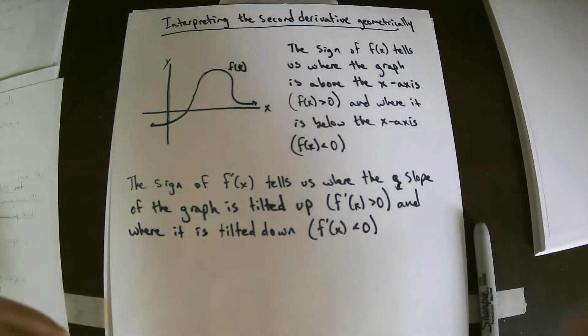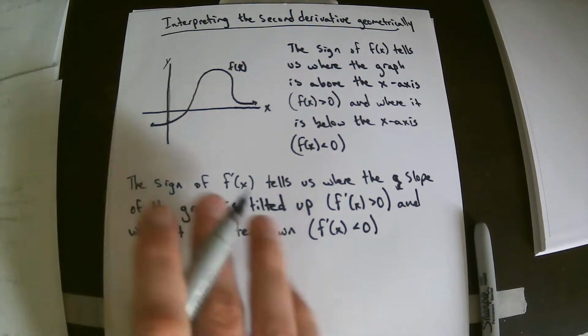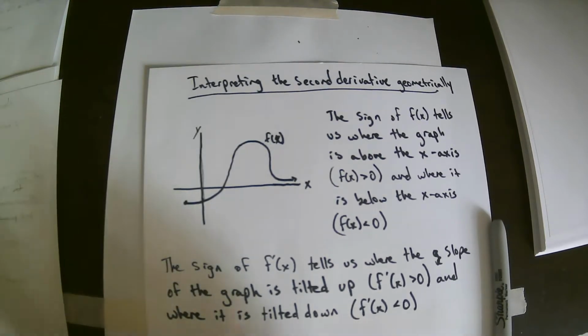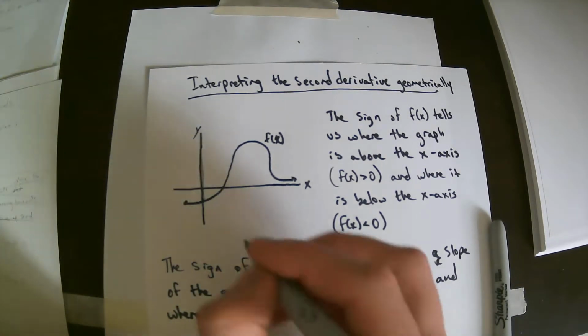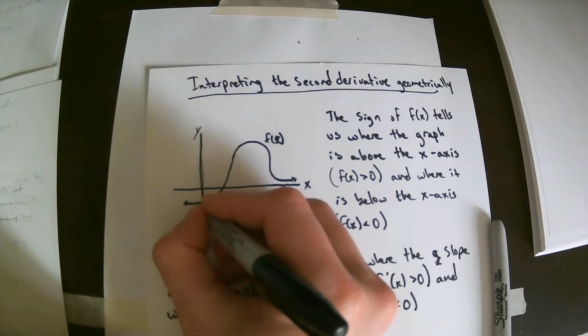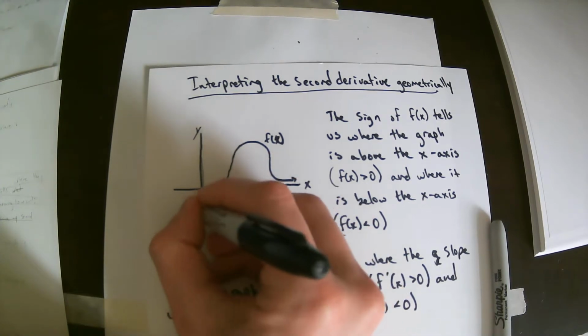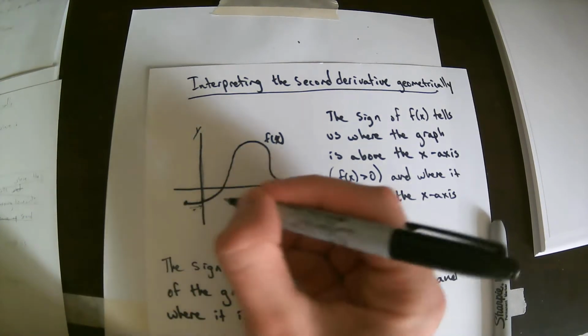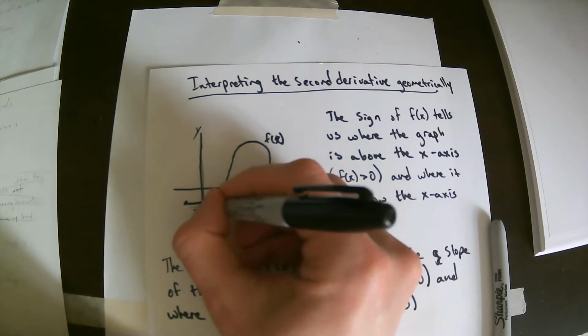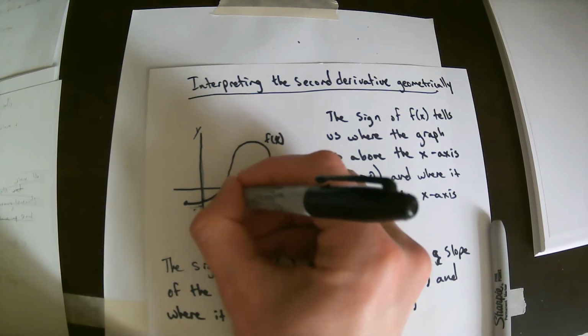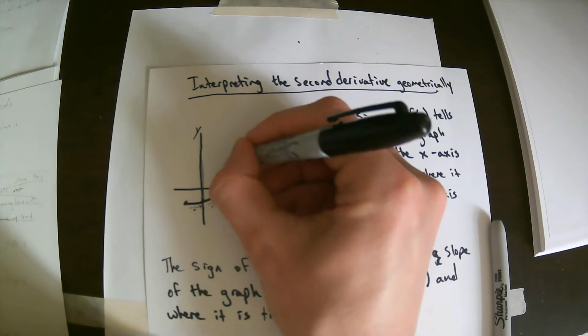So if I drew a little picture of that on this graph here, for the first derivative we've got a positive slope, positive slope, positive slope. It's all positive, right?